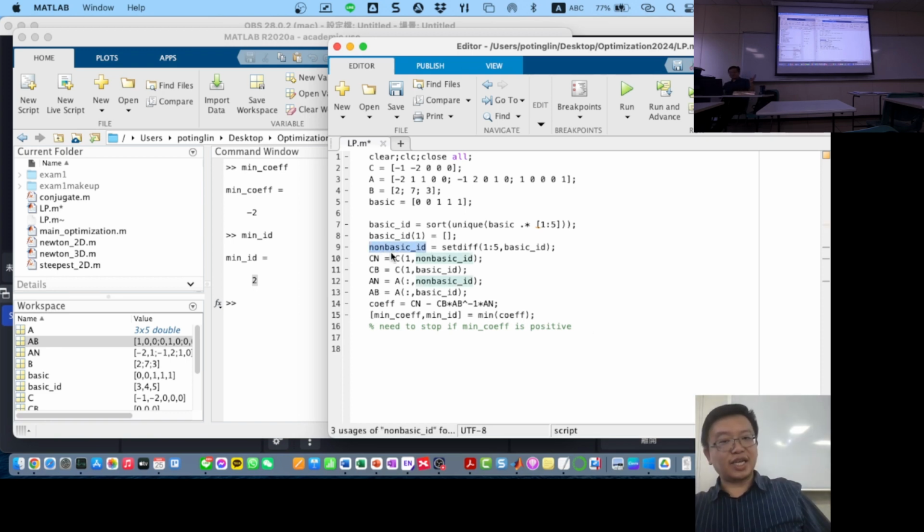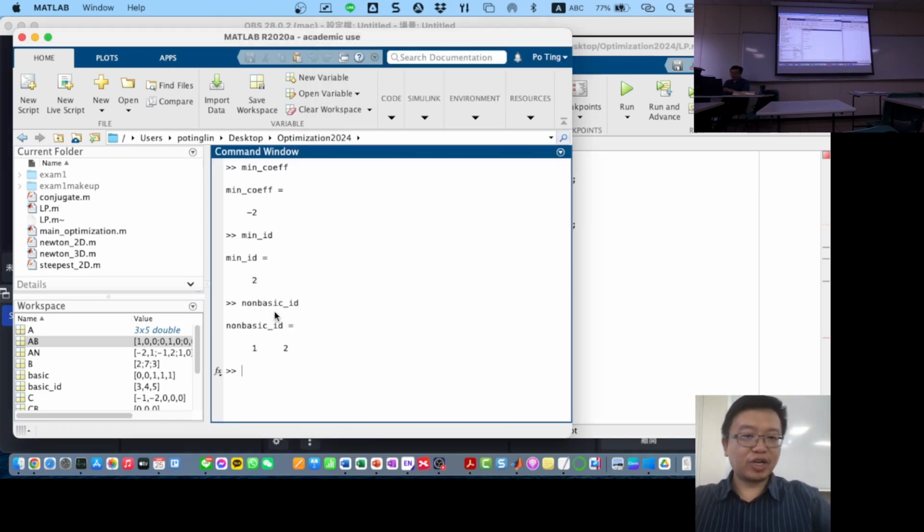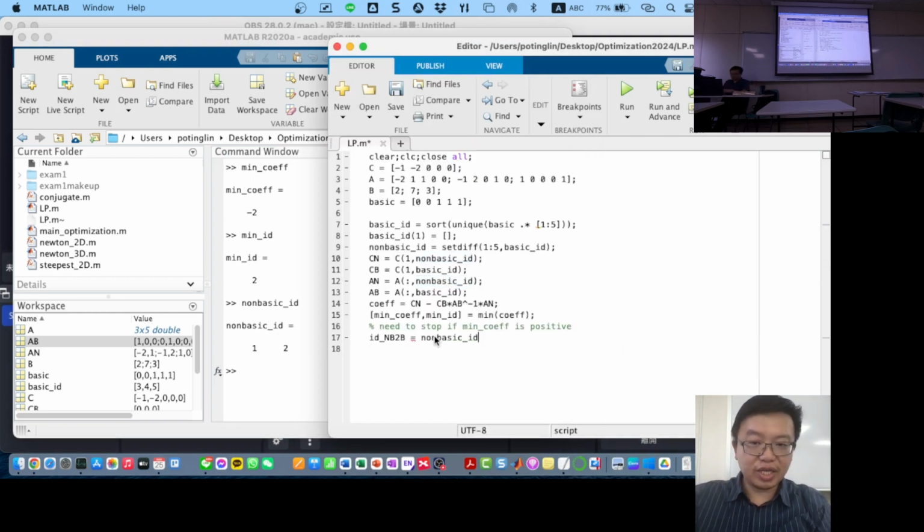So the second index inside non-basic ID would be the index to be swapped. So I will say the ID from non-basic to basic equals, here is the collection of our current non-basic ID, the first one and the second. So it's the second one out of this vector, here, in ID.